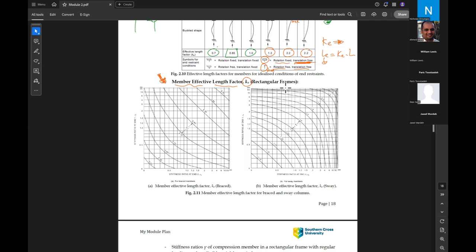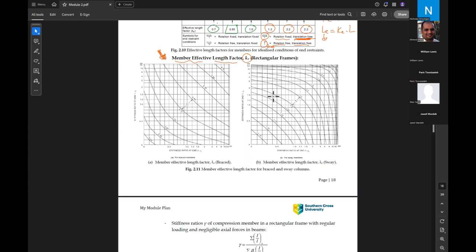Adobe crashed again. So again, we can have another method to find the buckling factor, K effective, the exact one. These 2 graphs, these 2 charts, are given by the standard to find the K effective factor for braced frames and the K effective factor for sway frames.